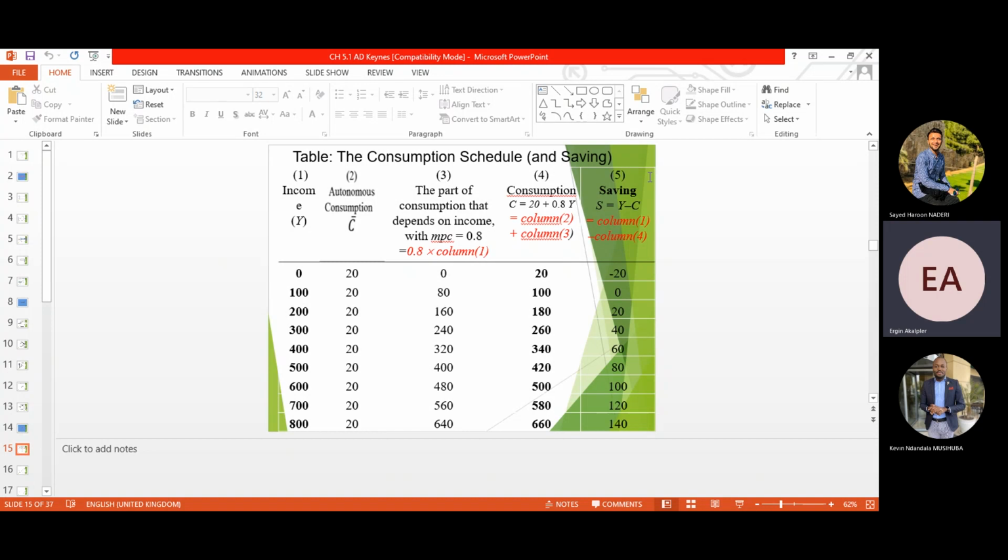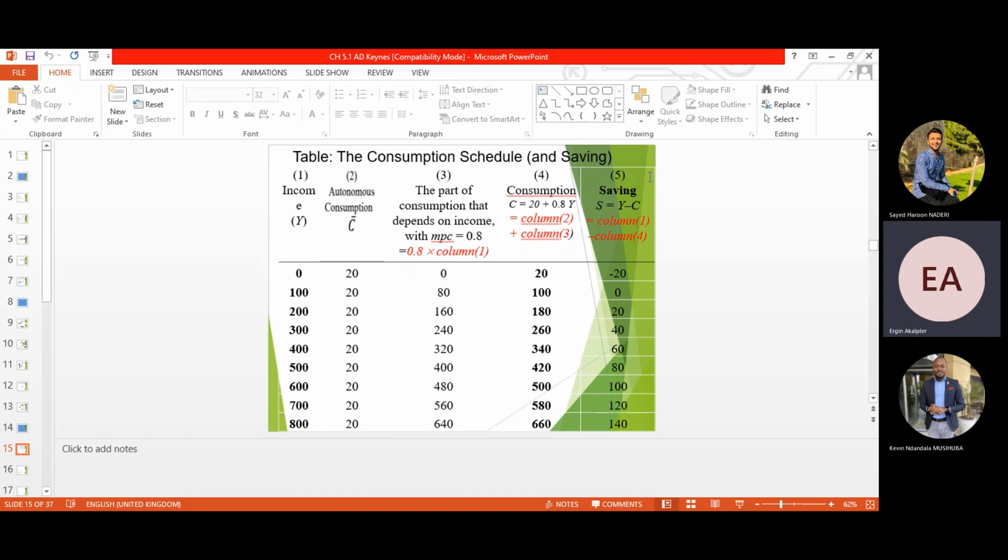Then it will give you 160 plus 20, 180, 240 plus 20, 260. I'm talking about the third column. 320 plus 20, because the autonomous consumption is going to be added here. Then, as you are observing, it is increased by $20, let's say, per each period of time.